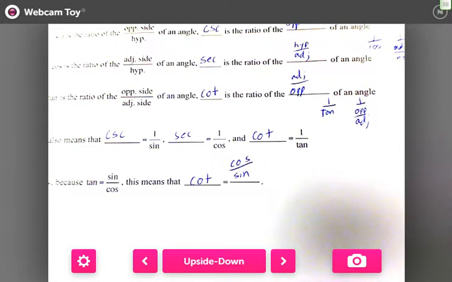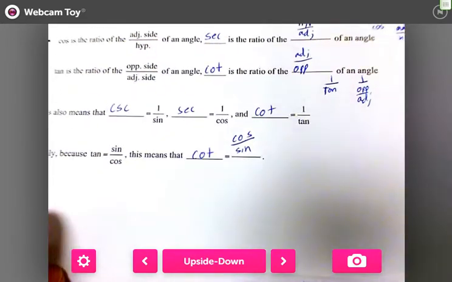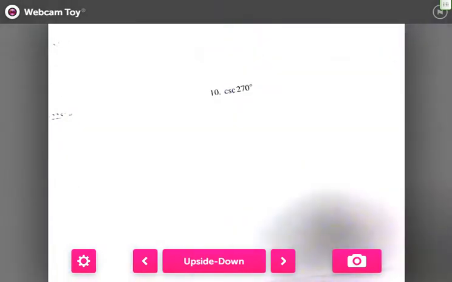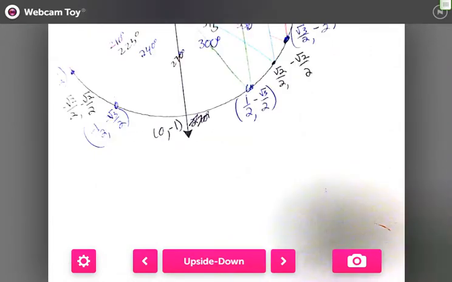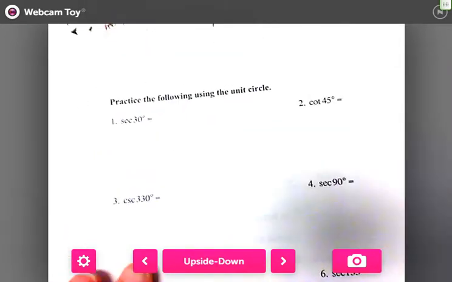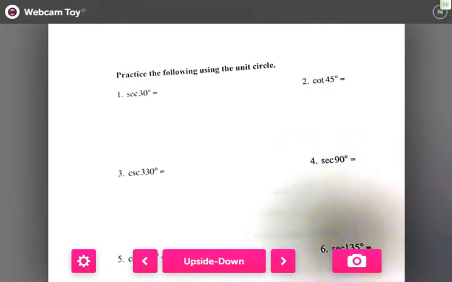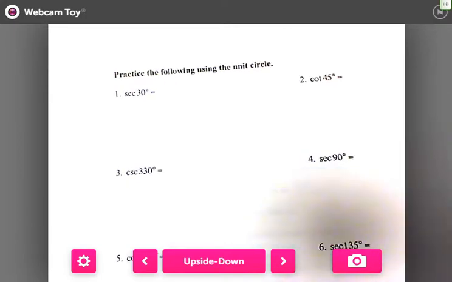Okay, so we're going to try some problems in the back using our unit circle. Go on, turn this over. Okay. We're looking at secant of 30. Okay, secant goes with, which one again?